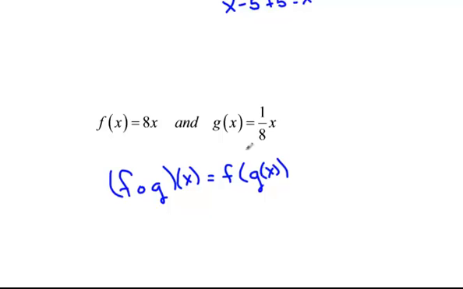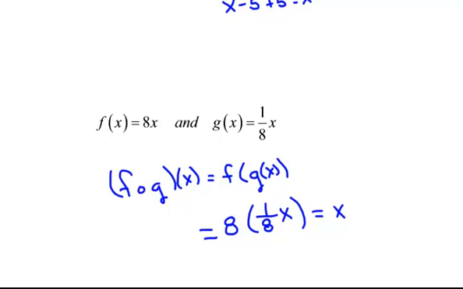We would take our g of x and shove it into our f of x. So the result here would then be 8 times 1/8 x, which would then just come out and be x. And that, using this composite function, is how we defined our inverse function.